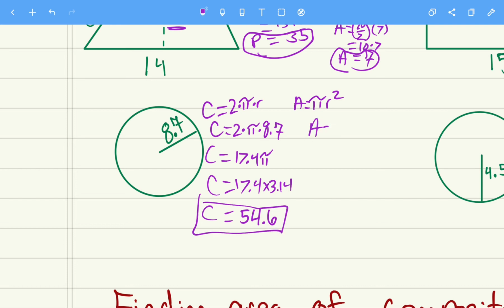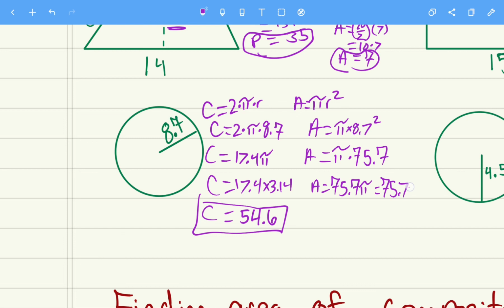Now we need to do the area. Area is pi times 8.7 squared, which gives us pi times 75.7, which again, you could leave as 75.7 pi or multiply it by 3.14, which gives us area equal 237.7.